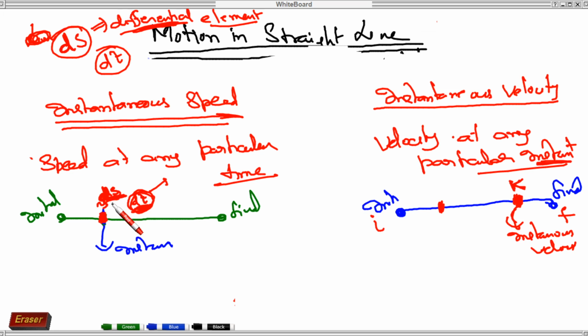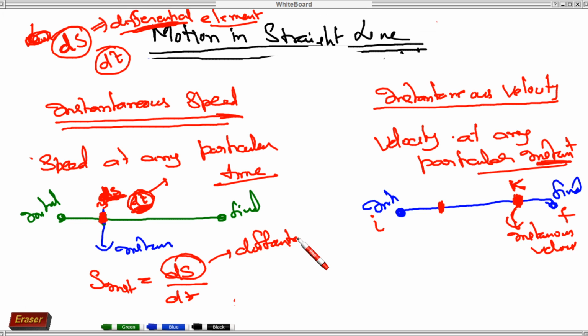So what will be the instantaneous speed? Instantaneous speed, we are going to write, is equal to ds over dt. I told you that speed is equal to differential distance over differential time. It's a small distance over a small time. Don't go into this word differential because that will confuse you. So for the time being, it's ds over dt.